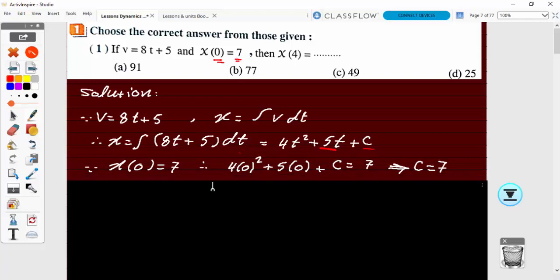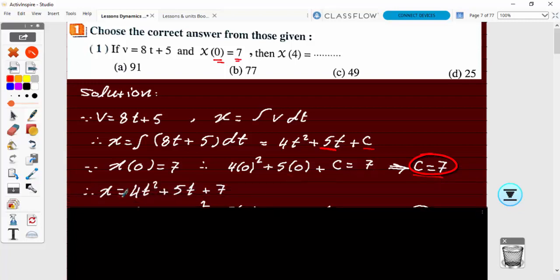So we write x of 0 equals 7, then substituting t equals 0, we have 4 multiply 0 power 2 plus 5 multiply 0 plus c equals 7. From that you can deduce that c equals 7. So x in terms of t equals 4t squared plus 5t plus 7.